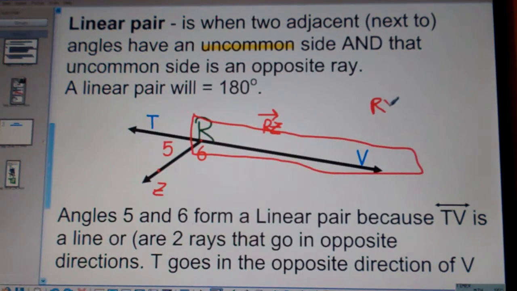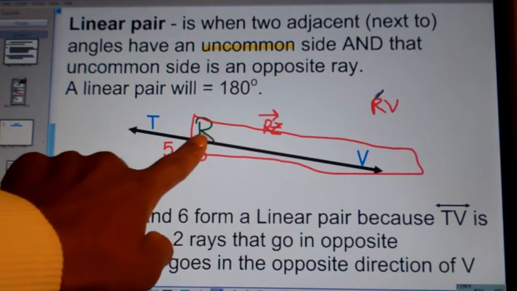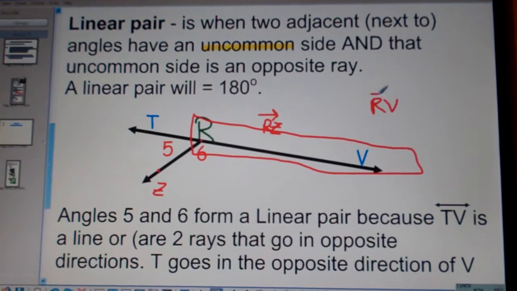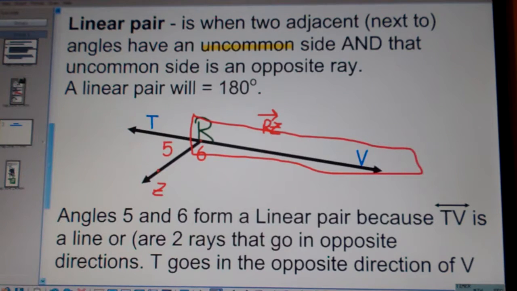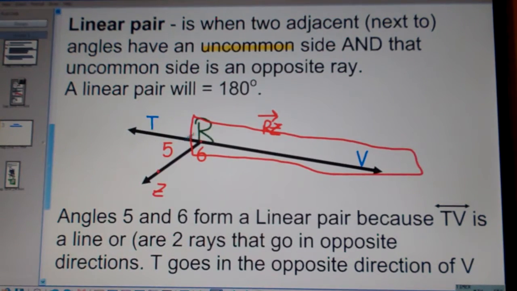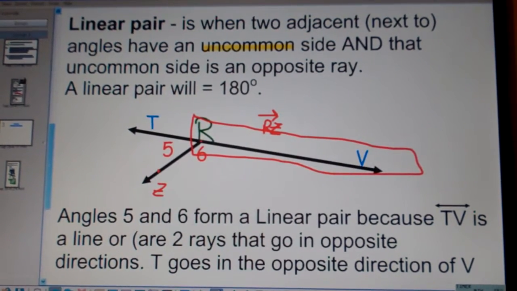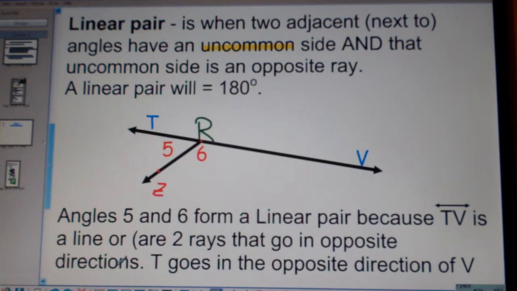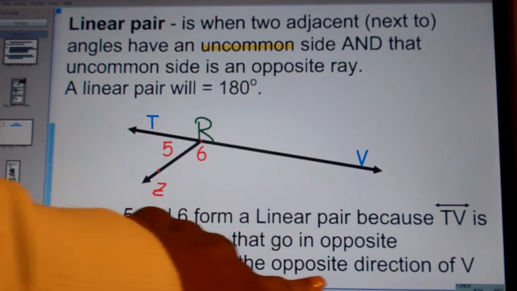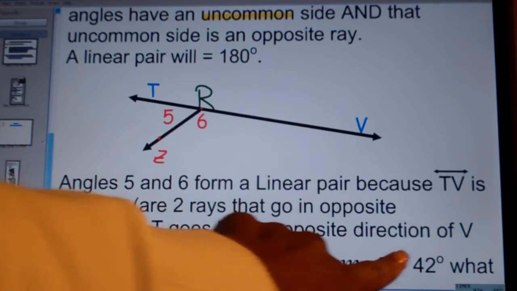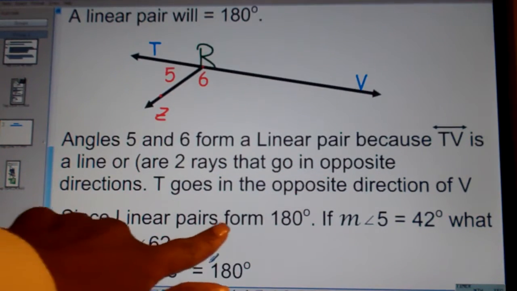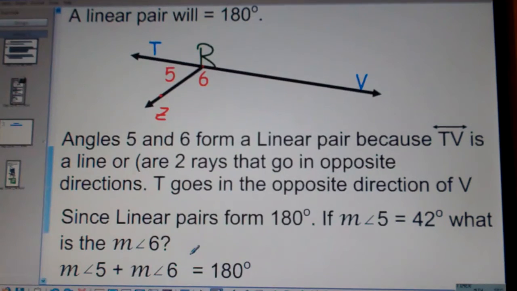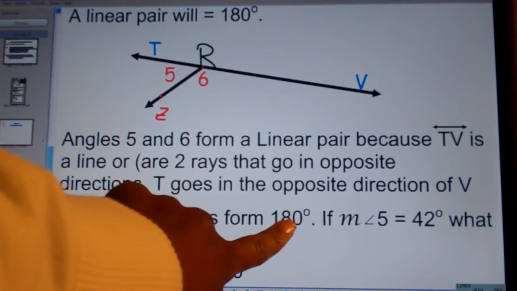It goes in the opposite direction of RT. So we can either look at that as line TV or two rays, ray RT and ray RV. They both go in opposite directions of one another. Since they are a linear pair, they are supplementary, meaning they form 180 degrees, a straight line.